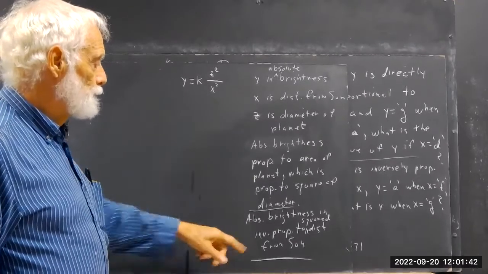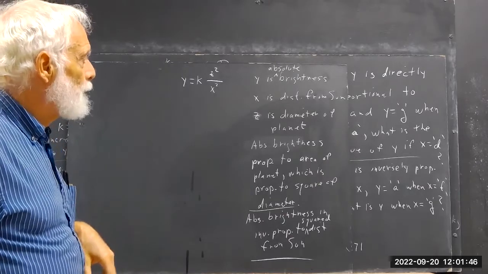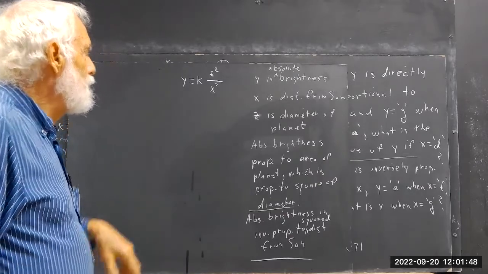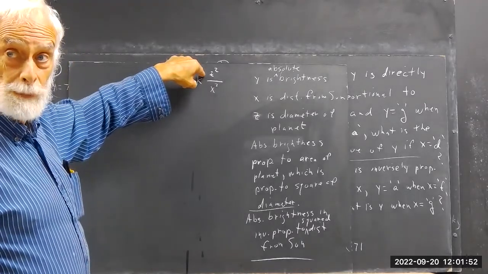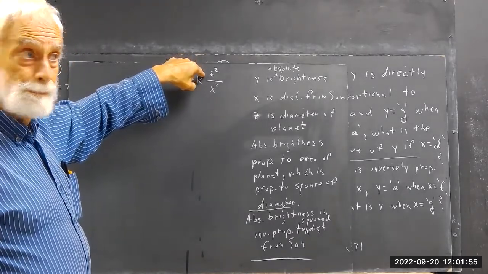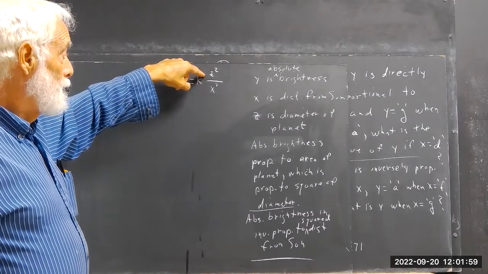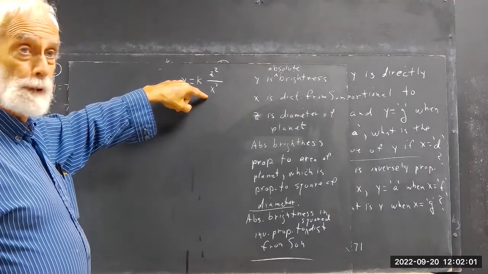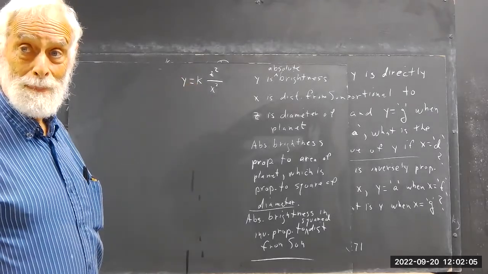I'm going to use this as an example. And what you end up with here is, if Z is 10 times as big, then Z squared is 100 times as big, right? If X is 10 times as big, then X squared is 100 times as big, okay?